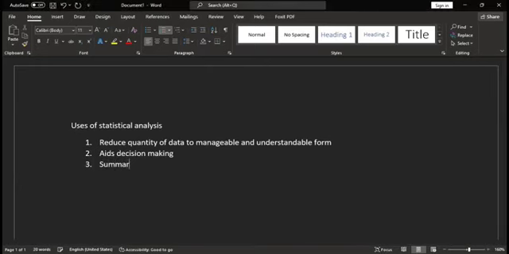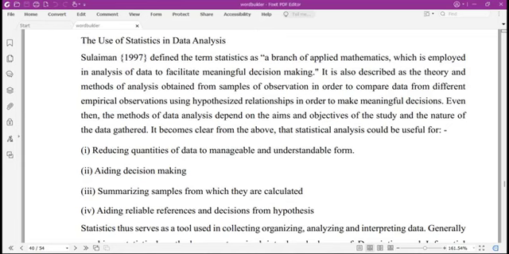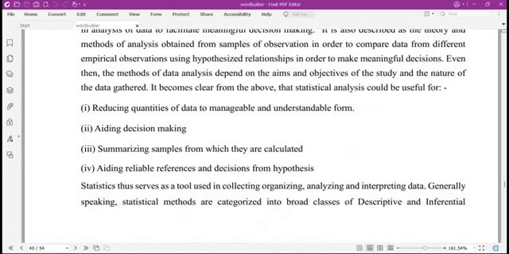Then the next one is reliable references and decisions from hypothesis.